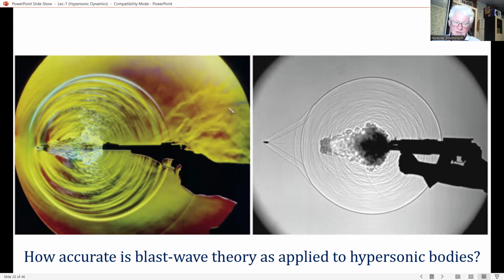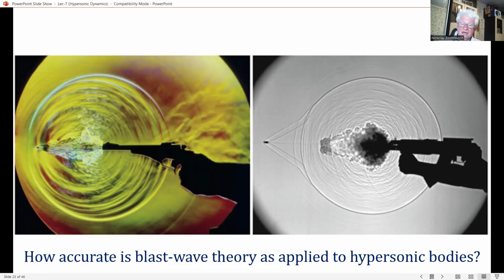Now we have the next question. How accurate is blast wave theory as applied to hypersonic bodies? One of the most definitive answers is given by Lukashevich, utilizing the blast wave results of Sakurai.